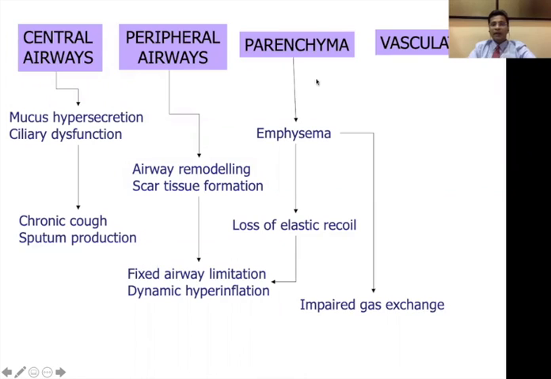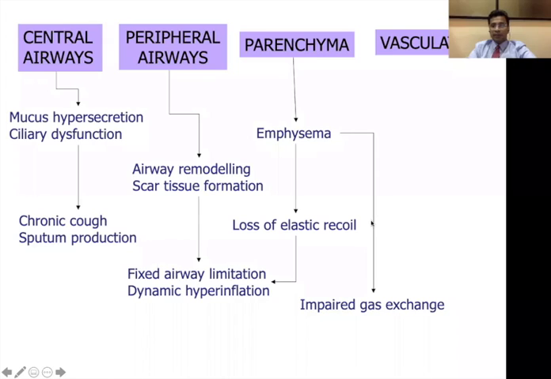The lung parenchyma is involved in emphysema. There's a loss of elastic recoil. The elastic recoil is important to keep the airways open and prevent them from collapsing during expiration. So when there's a loss of elastic recoil, it adds to airway limitation or narrowing of the airways.